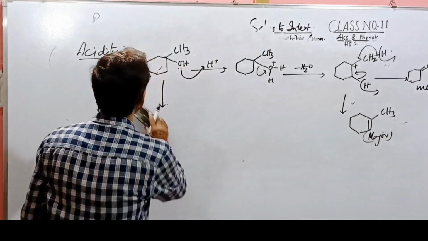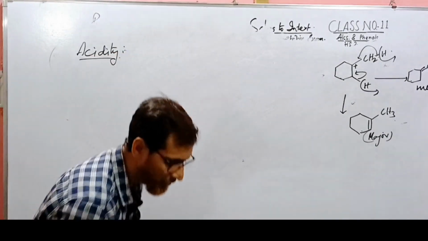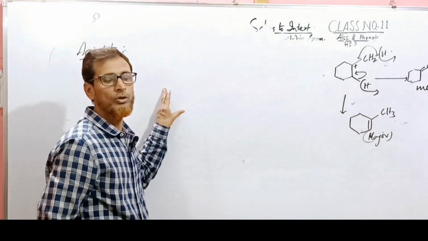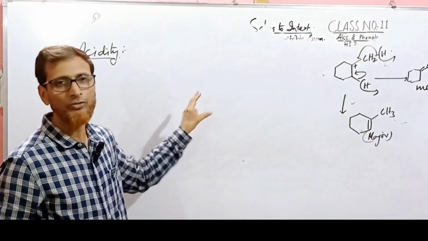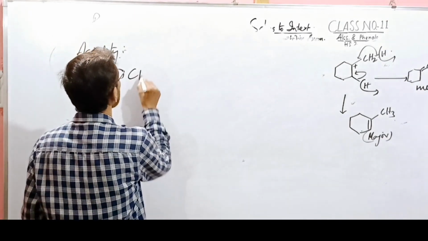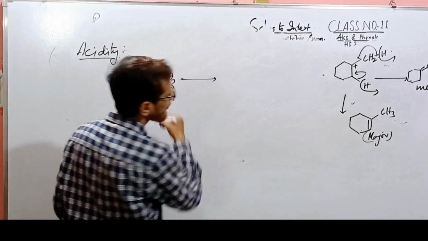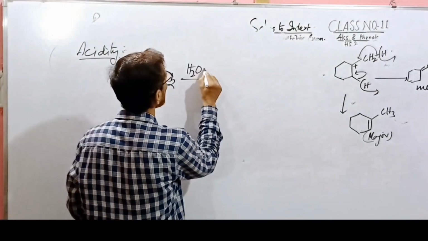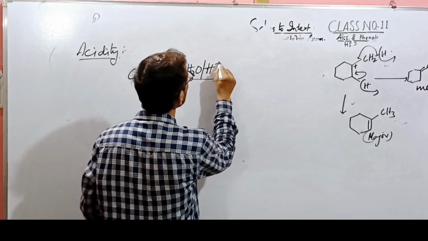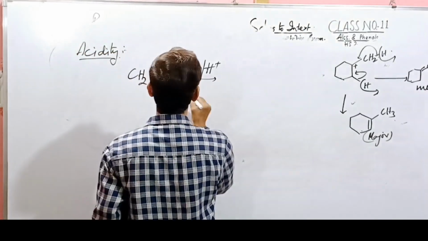Next one is very interesting, which I am showing you, and you follow this minutely, because based upon this we will solve a lot of other problems. CH2, CH2, and in your book you are asked to acid hydrolyze it and give the mechanism. Am I right? No matter, you can give the mechanism in a very simple way.